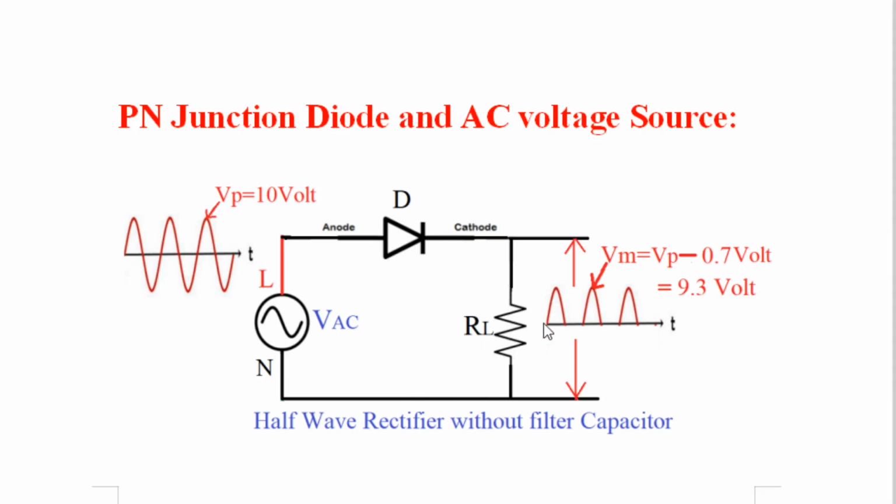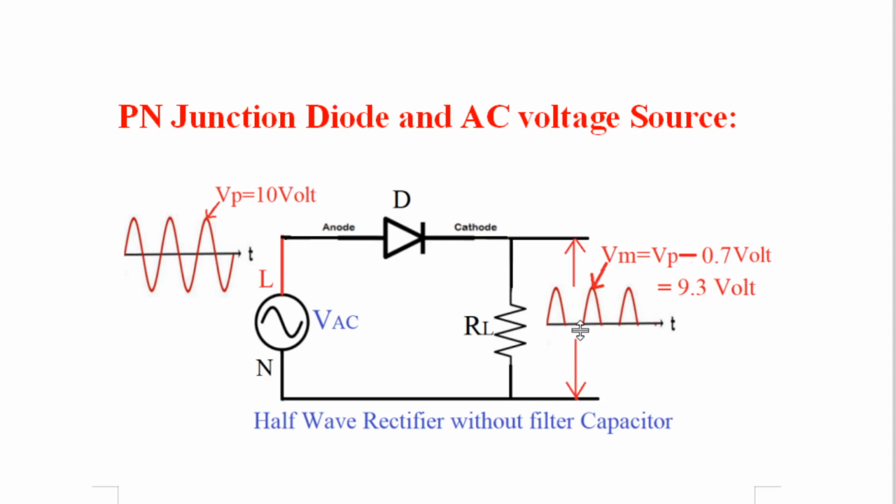And here, the positive half cycle will appear across RL. And when the negative half cycle starts, voltage goes minus, so anode is negative, so the diode will not conduct and current will not flow through the load resistor. So when current is not flowing, voltage across RL will be 0 volt during the negative half cycle.